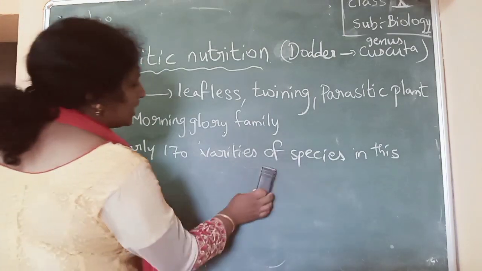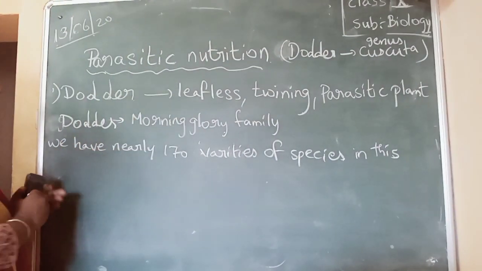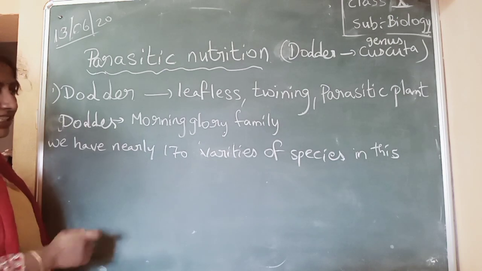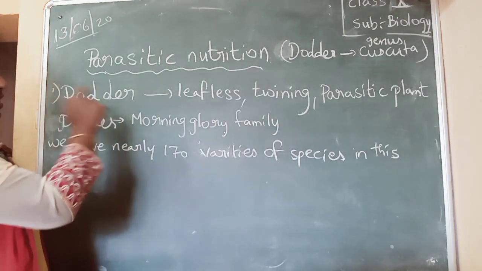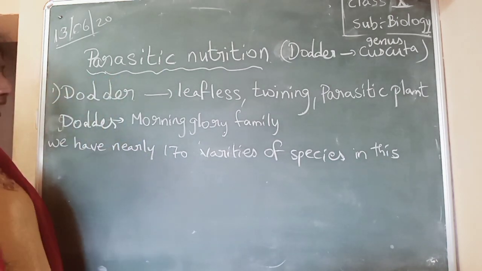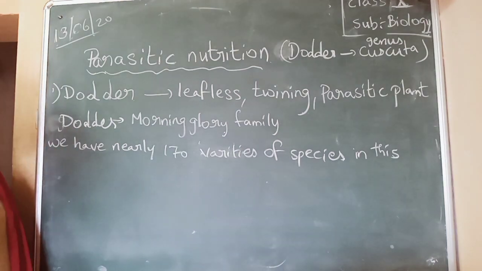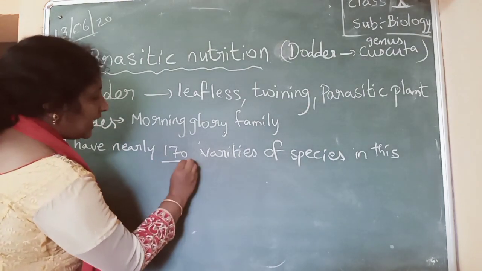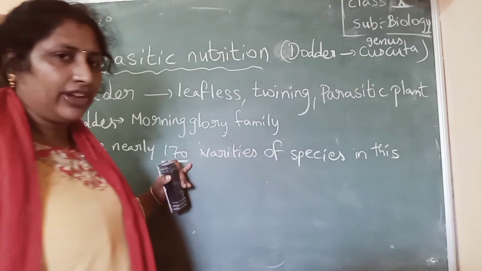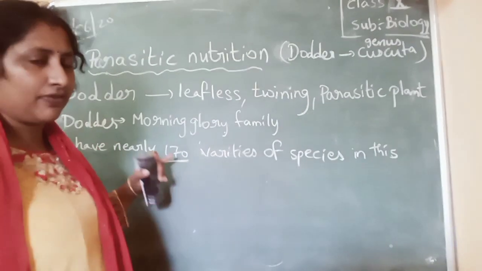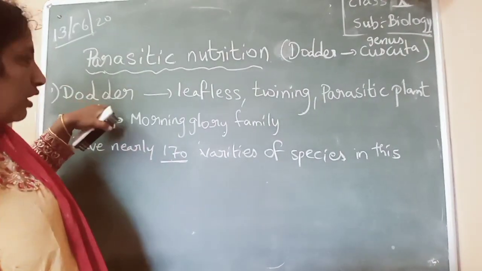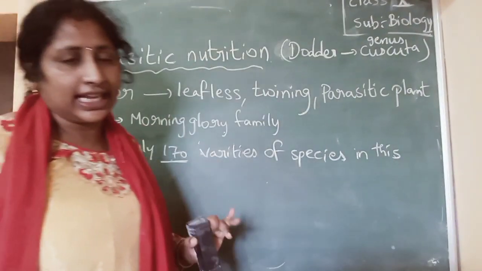In this family we have 170 different varieties of species of dodder plants in the genus Cuscuta.